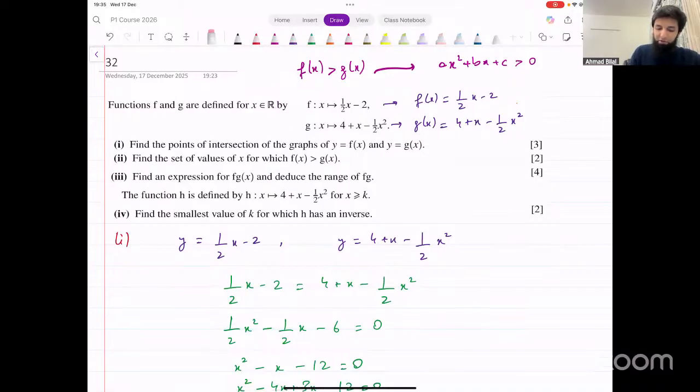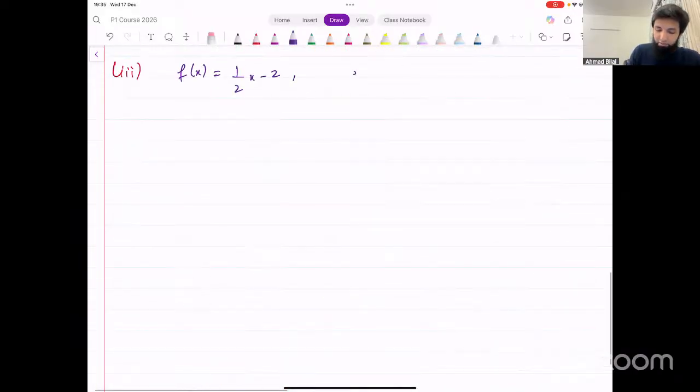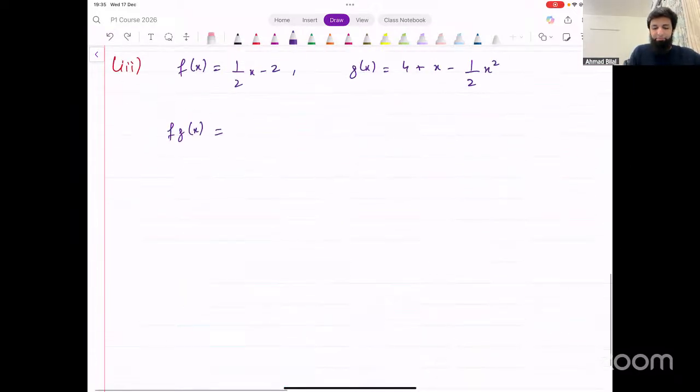The other function is 4 plus x minus half x squared. They want us to find an expression for fg of x, and also find the range of this. Okay, let's try this.